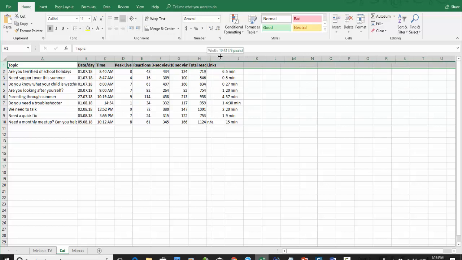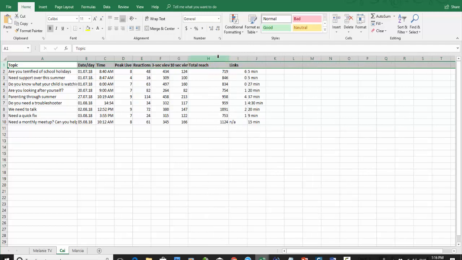Why it's important to look at the reach: so you can see how many people were shown your live and how many looked at it. If we look at this first line, 719 were reached, and more than 50% watched. So it's a good ratio in terms of the Facebook algorithm.